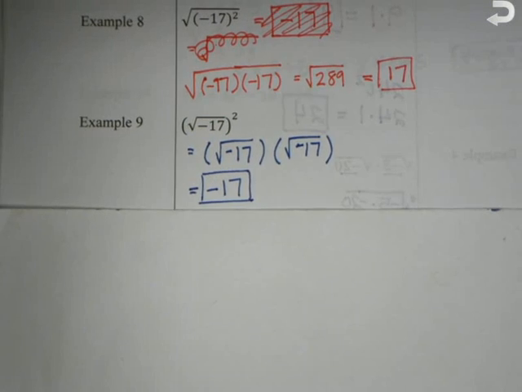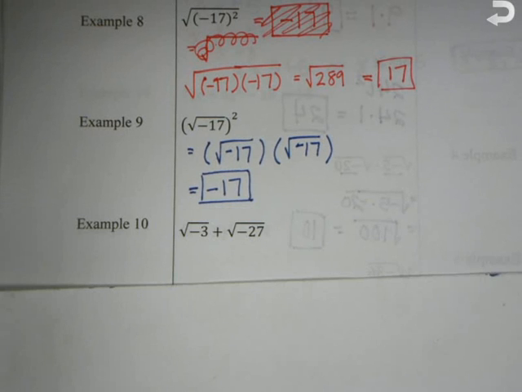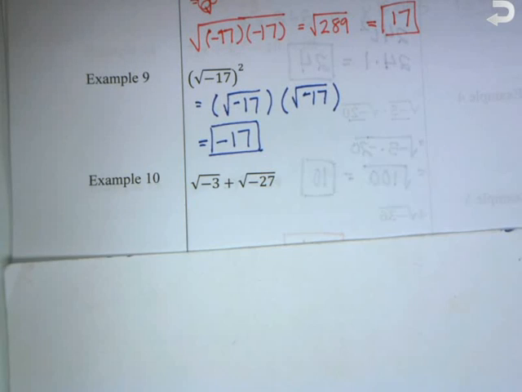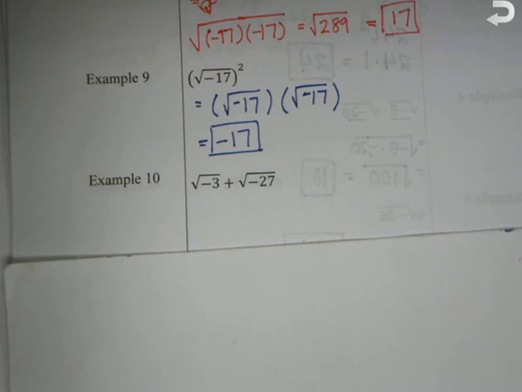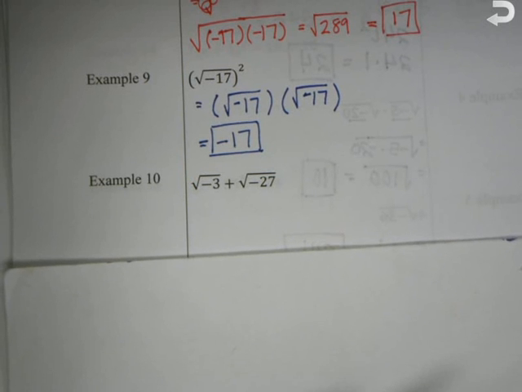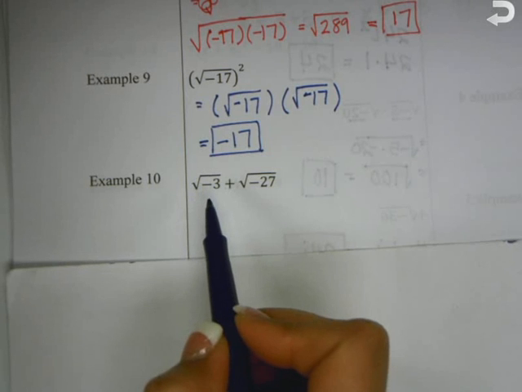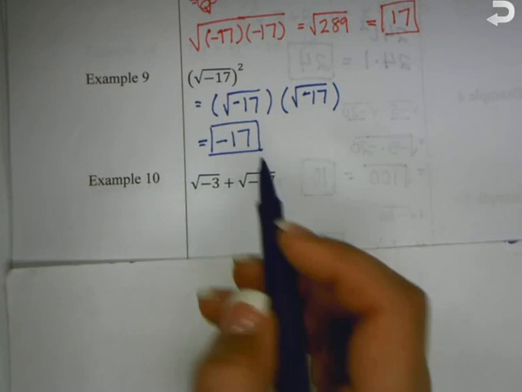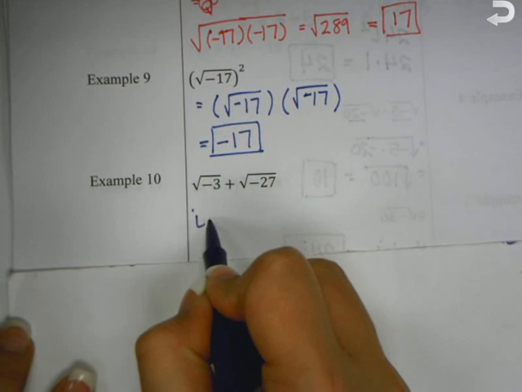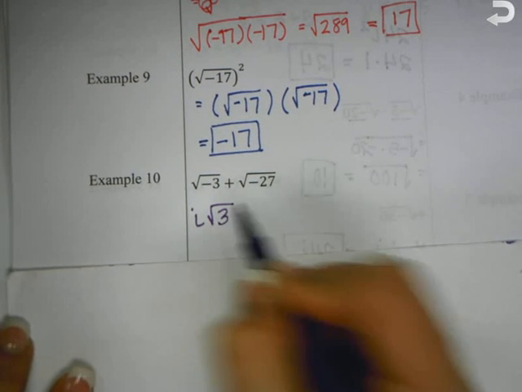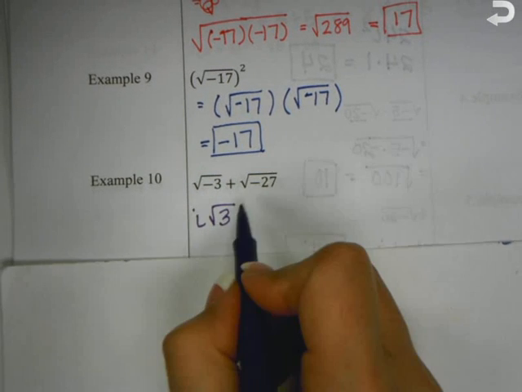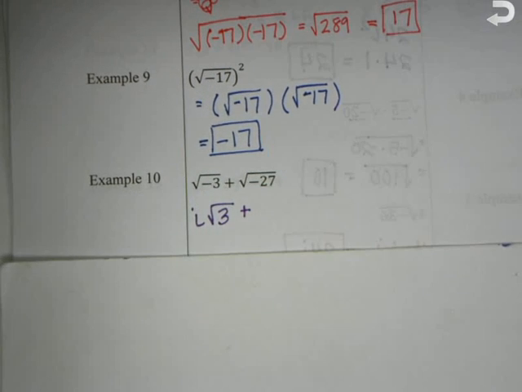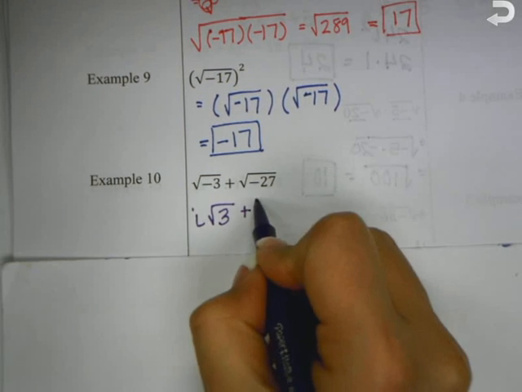Okay, so last example, example 10. Square root of negative 3 plus square root of negative 27. Can I take the square root of negative 3? No. No, but I can take out that negative, right? Yeah. So what would that give me? i square root 3 plus i square root what? 27.